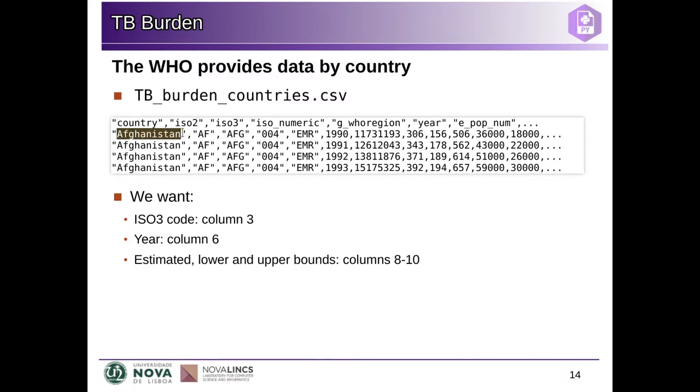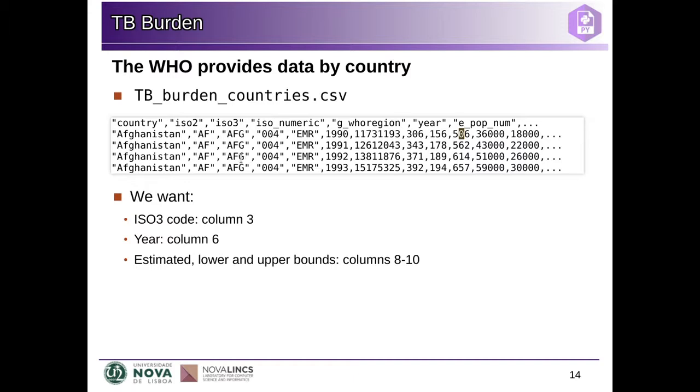You have the country name, the ISO 2 and ISO 3 codes, the numeric code for the country, then you have the region of the country, the year, and then you have the population, the estimated load, the lower boundary and the upper boundary, and other things that you have there too. So this is a very large file that has data for many different countries.